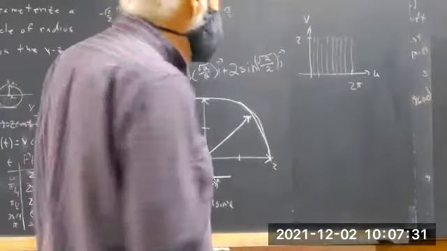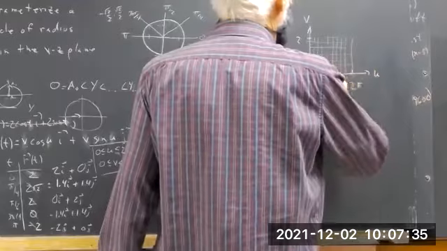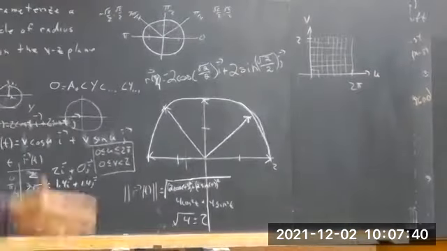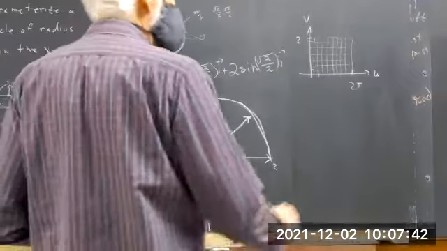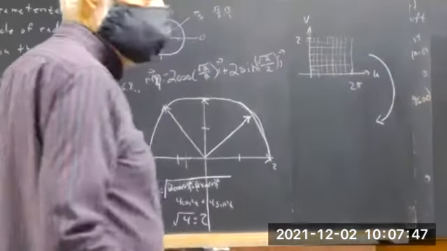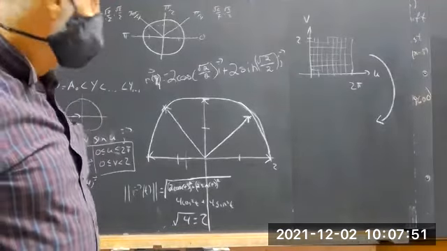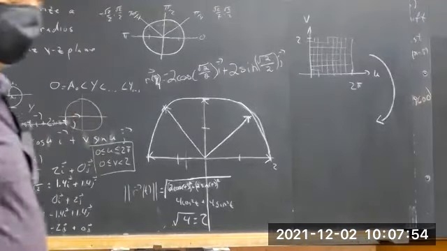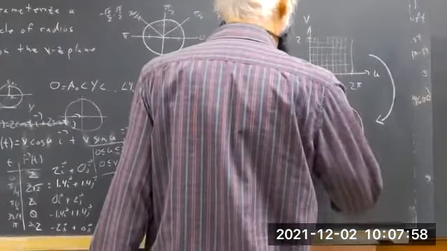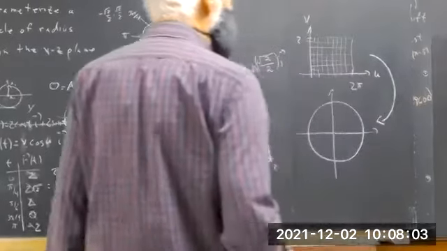If you partition the V interval, you get all these horizontal strips. Now your function maps this rectangle to this circle. There's your circle.